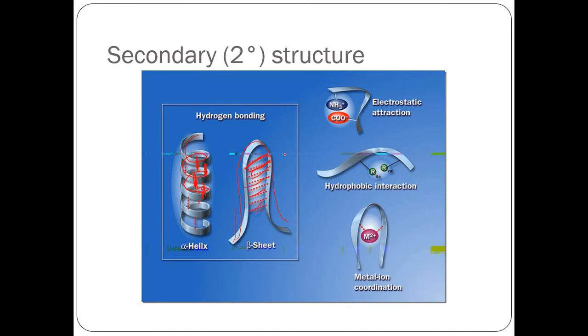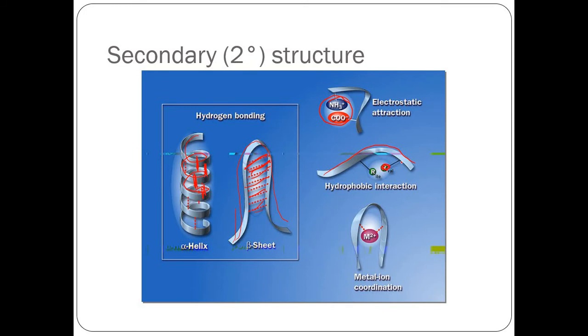Okay, so aside from that, you have electrostatic attraction, of course, because you have amino or carboxyl groups. This is positively charged or negatively charged. So that's why there is an electrostatic attraction. Electrostatic meaning it's an attraction between opposite charges. You also have hydrophobic attraction because, for example, you have a valine here.